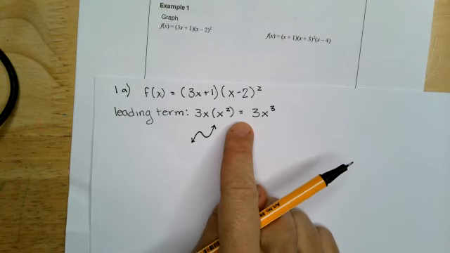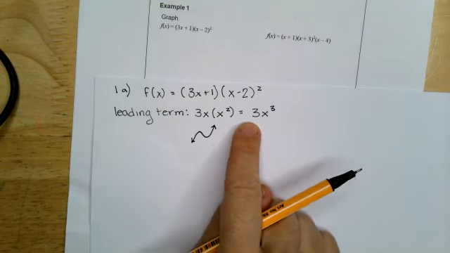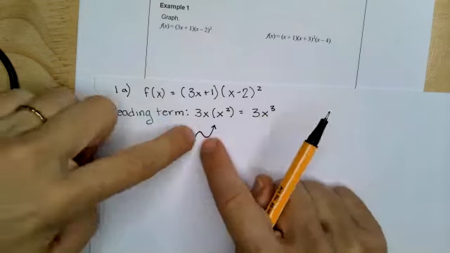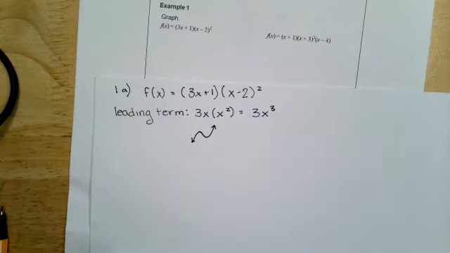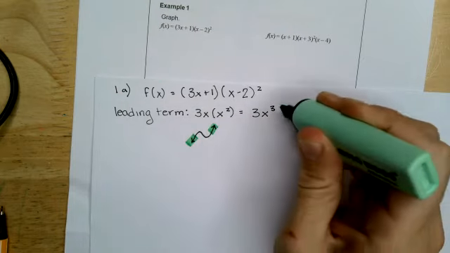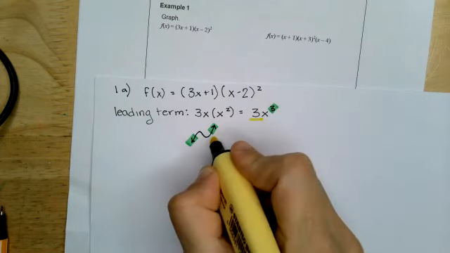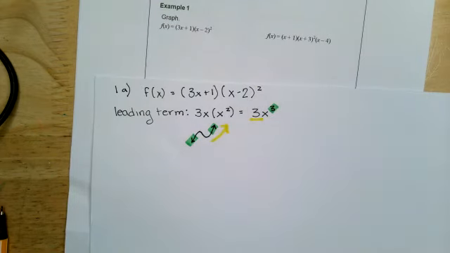Because the 3 is positive, it ends going up to the right, and because this 3 is odd, they're going to go in opposite directions. So this 3 means they're going in opposite directions. This 3 means it's going up.